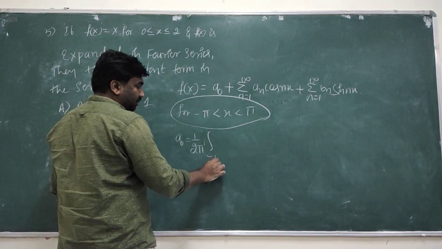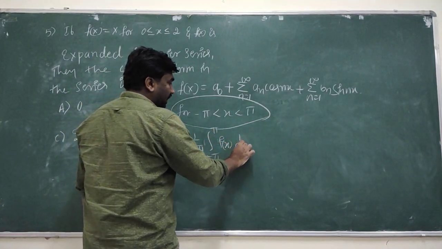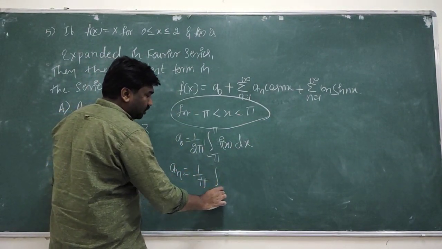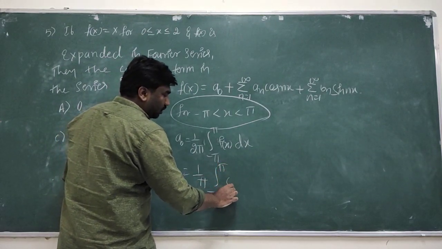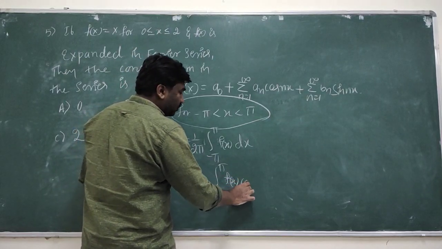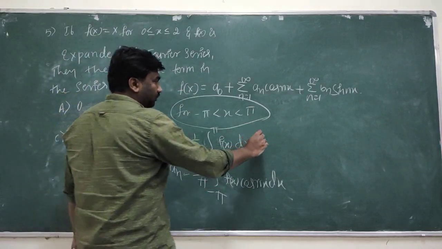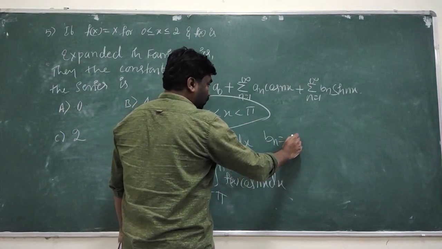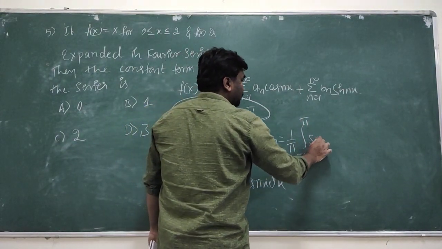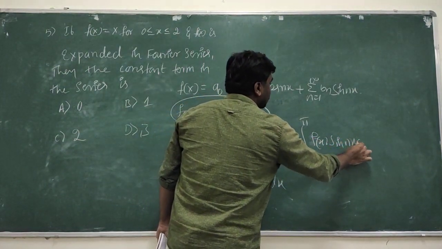integration minus pi to pi f of x dx, and an is 1 by pi integration minus pi to pi f of x into cos nx dx, and bn is equal to 1 by pi into integration minus pi to pi f of x into sin nx dx.